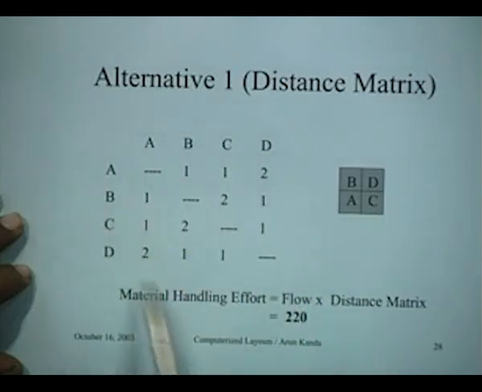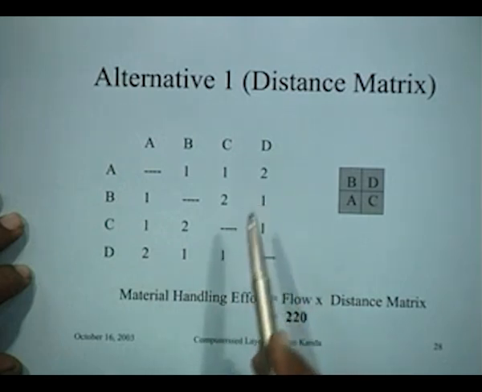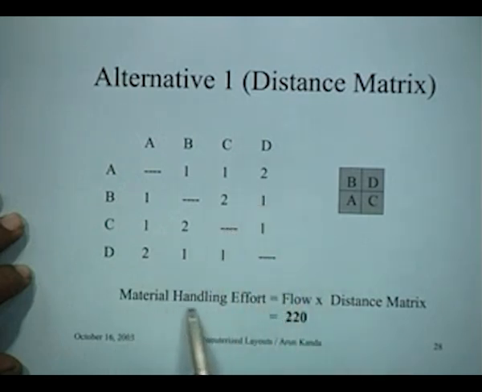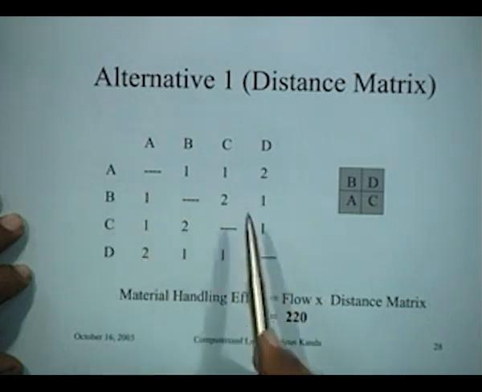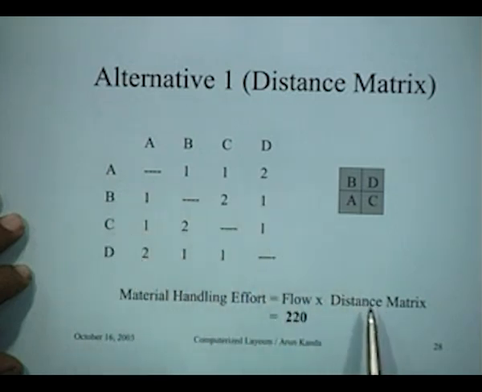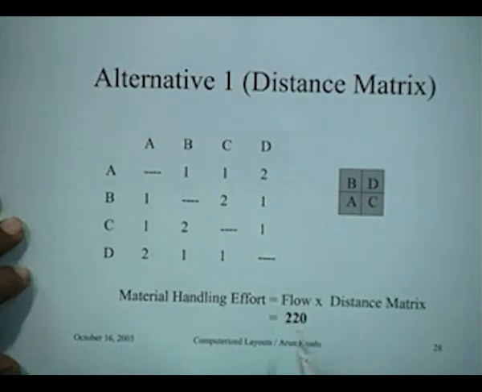And what we do is we calculate the material handling effort, which is nothing but the flow matrix, which remains unchanged, multiplied with this distance matrix, and again find out the total score. For this particular case, the total score works out to 220.